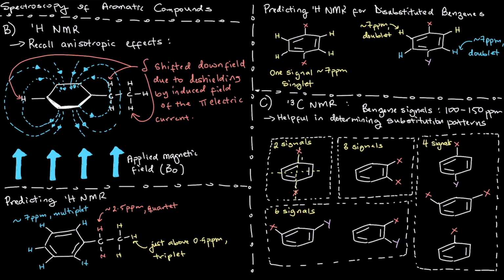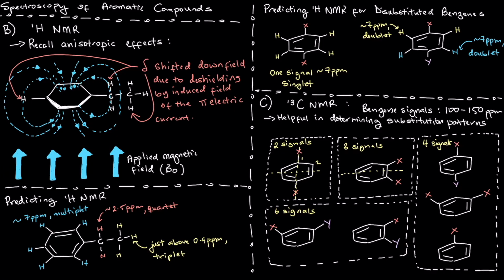You have the carbon that bears that substituent X, and then the carbon ortho to that carbon bearing the substituent X. So those two carbons are going to be different, but every other carbon on this ring is equivalent to one of these two. So you should see two different signals on your carbon 13 NMR.